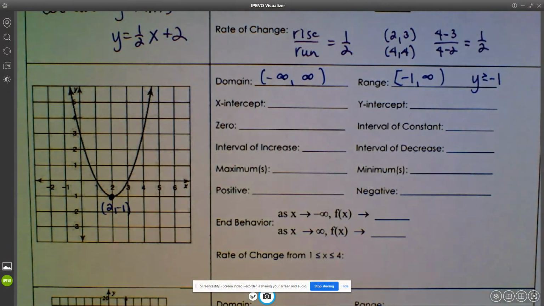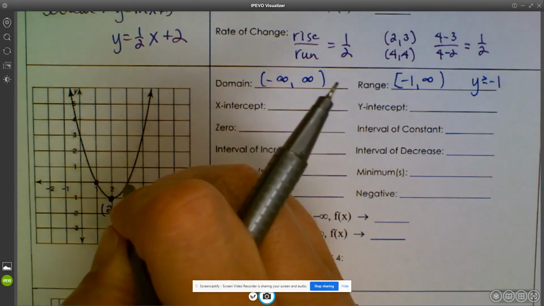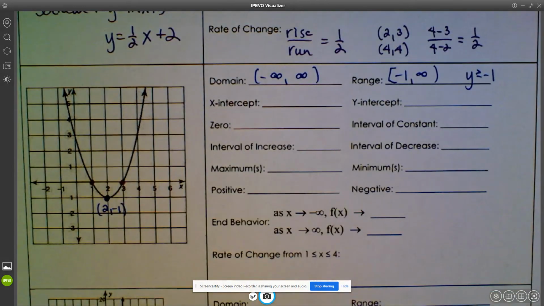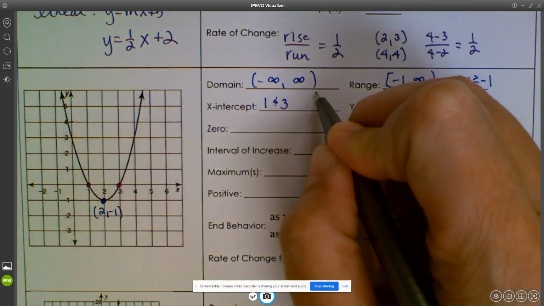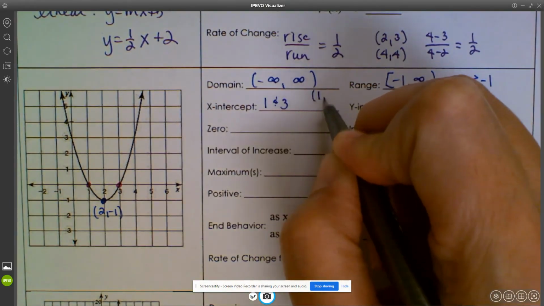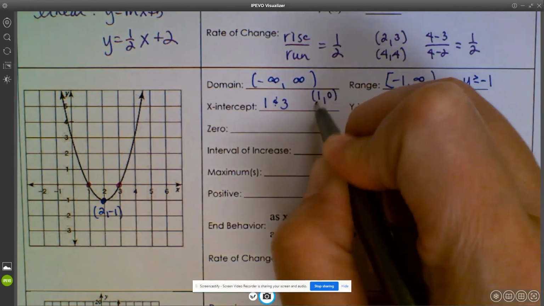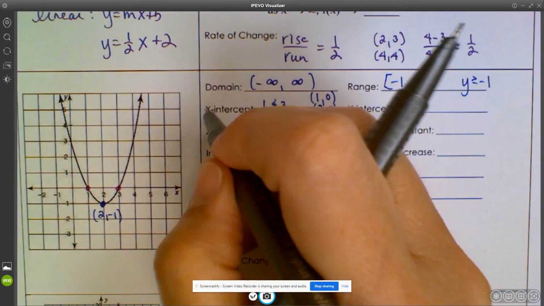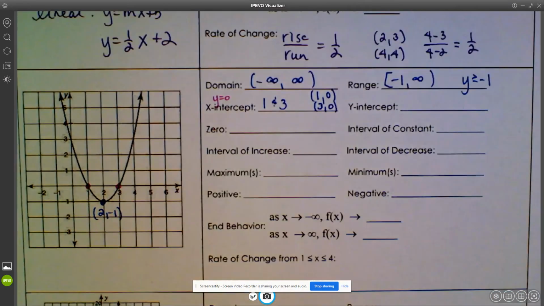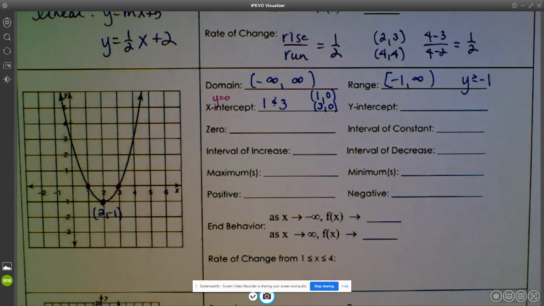The x-intercept is where we touch the x-axis. That happens at 1 and 3. So we should consider the order pairs (1, 0) and (3, 0). Because remember, this is where y equals 0. And then let's look at our y-intercept.